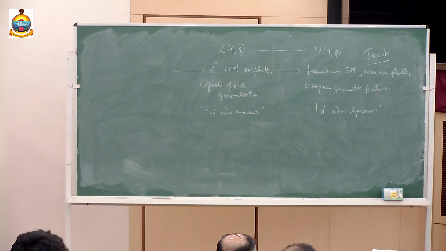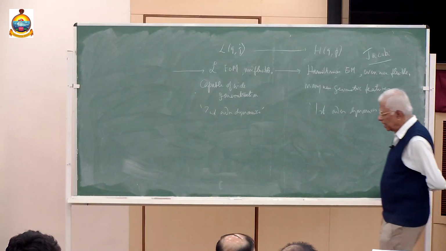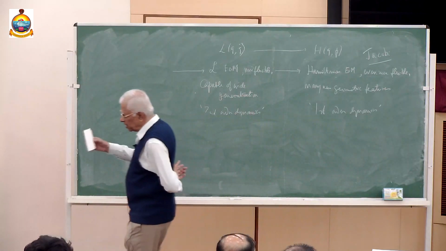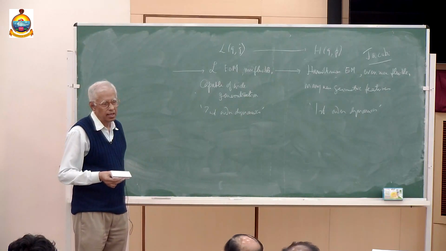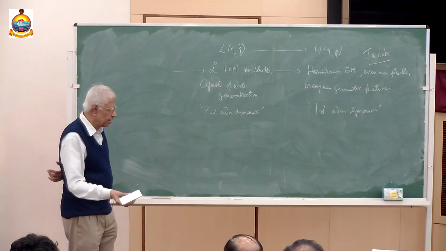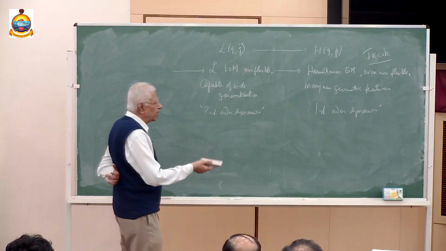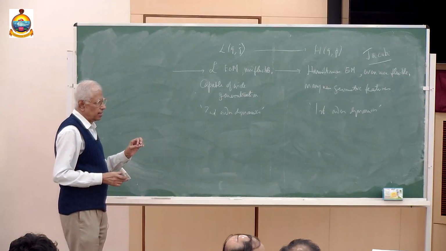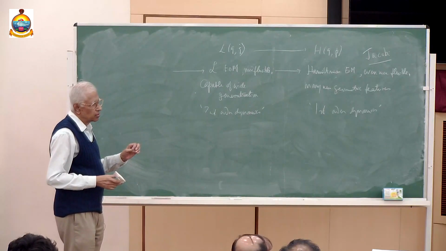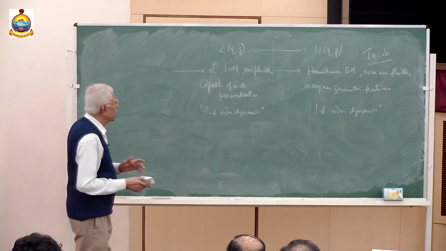And then it turns out this Jacobi identity, which presumably was discovered by Jacobi, is something which reappears in the mathematical theory of Lie groups. I will not go into it in these lectures, but the Jacobi identity is a key ingredient in the representation theory of so-called continuous groups in mathematics.